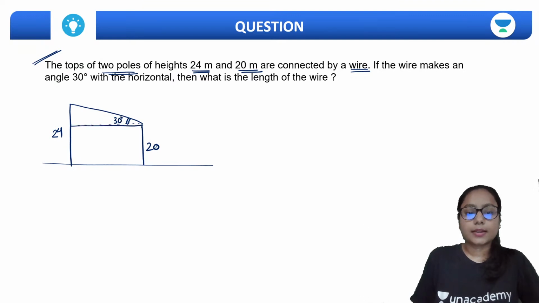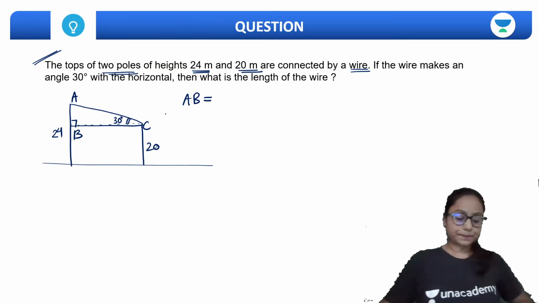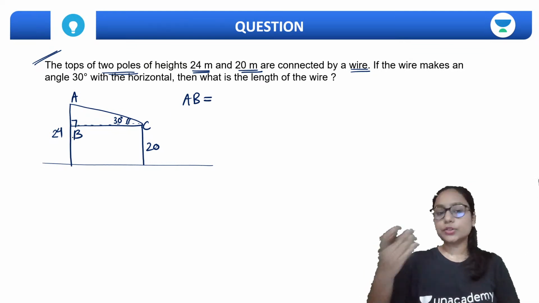All right. Can you tell me, so this triangle is formed, ABC, right angled at B. So can you tell me what will be the value of AB? What is the value of AB according to the figure?